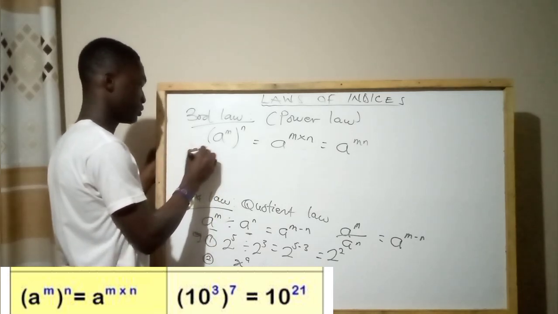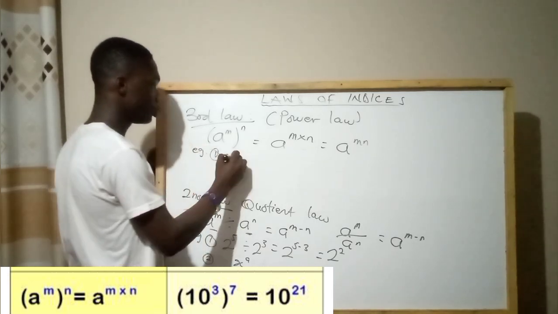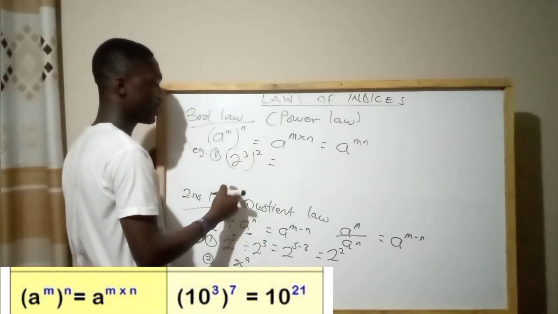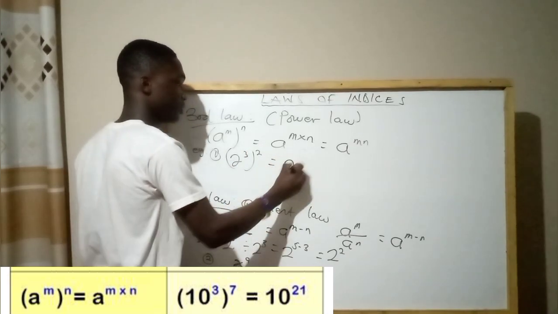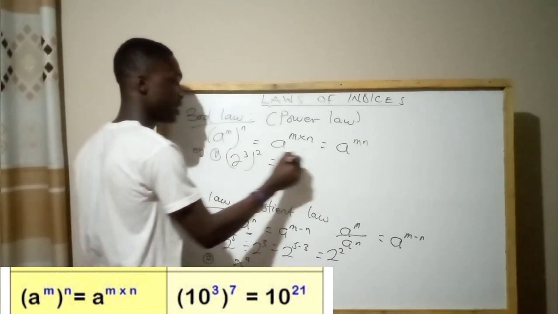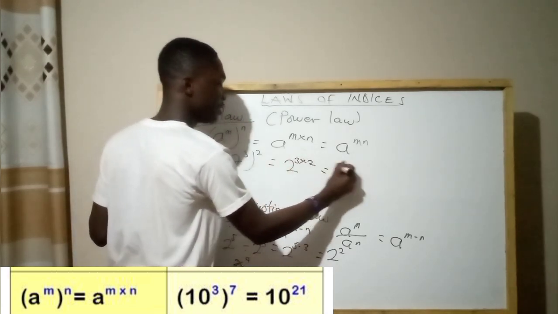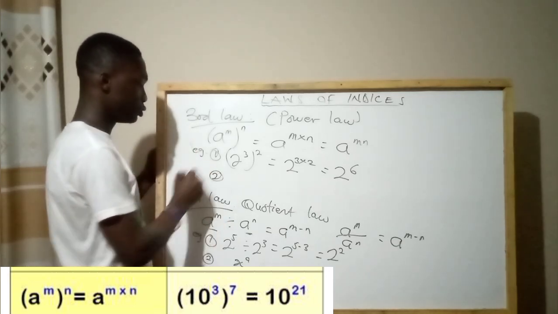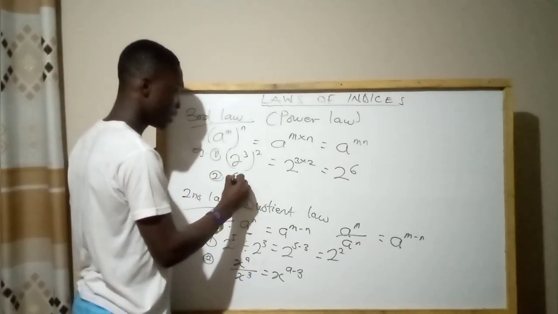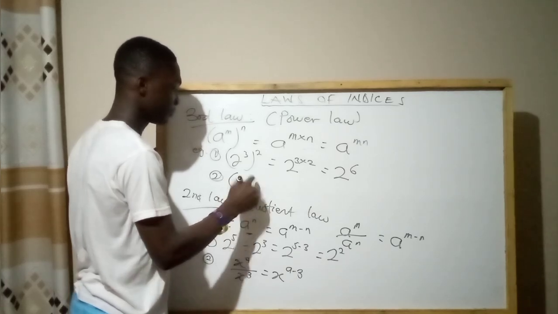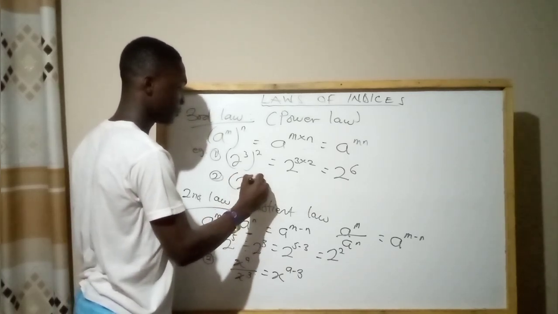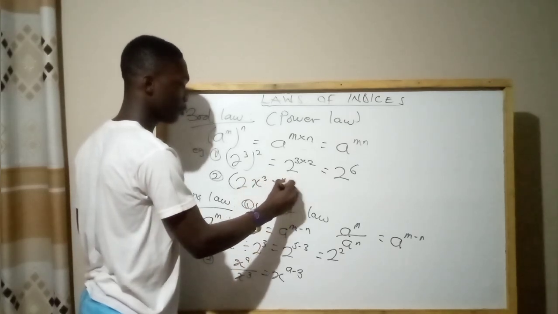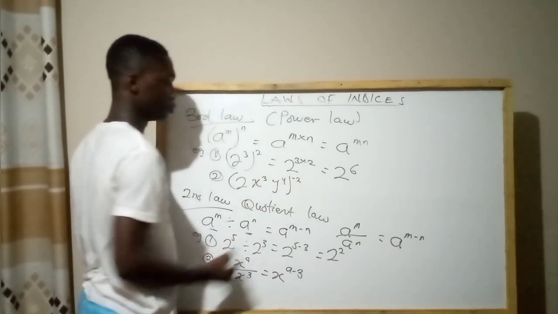Let's have some examples. Example 1, we have 2 power 3 power 2. So here we have the base, so we multiply the exponents, so we get 3 times 2, making 2 power 6. Now example 2, let's take 2 x power 3 y power 4, all power negative 2.